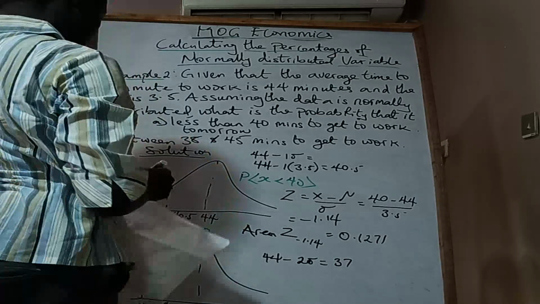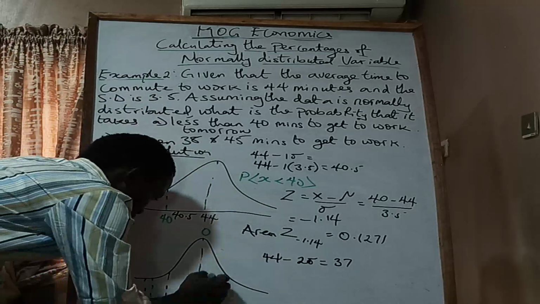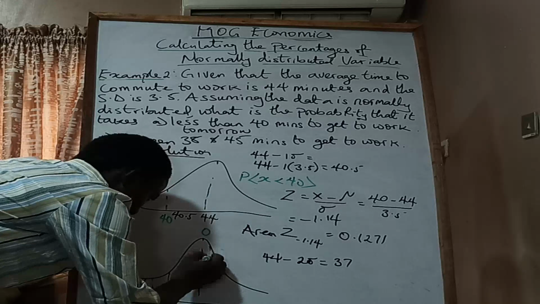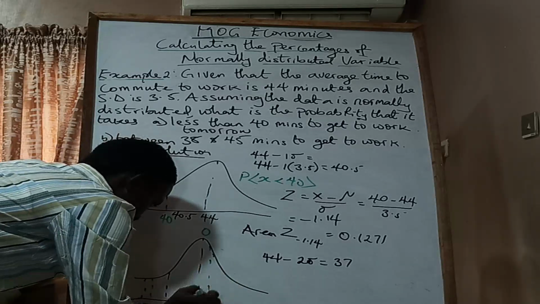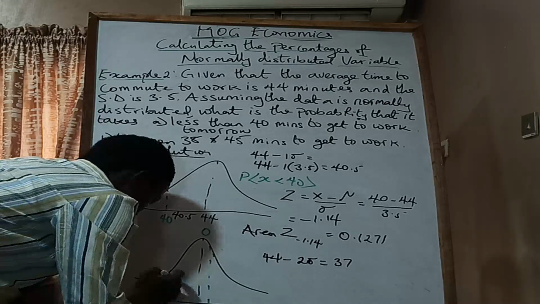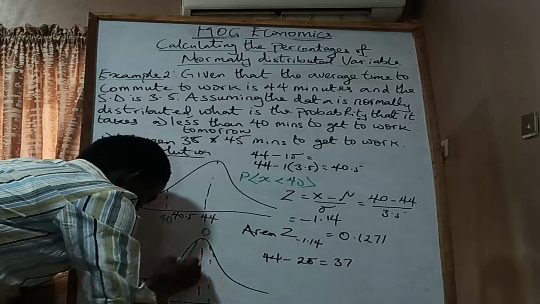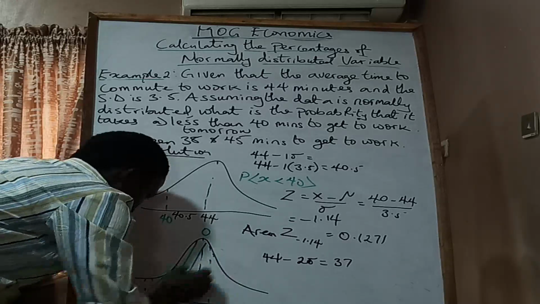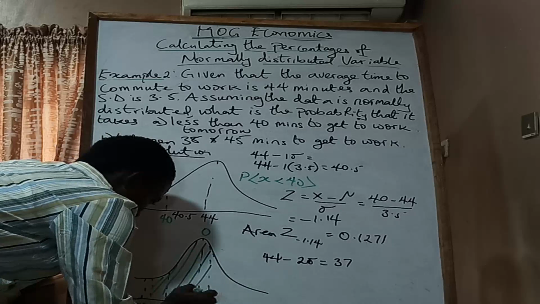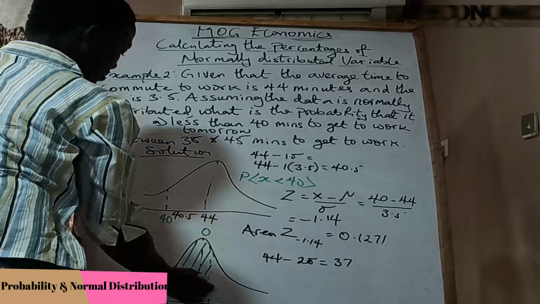And then 45 minutes. So 45 is probably just around here. So we are trying to look for the area between here. So you can see why the understanding of what we did in the previous classes is important.